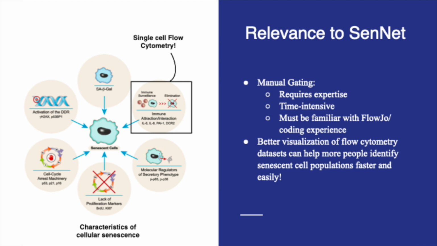Someone who is not trained or does not know a lot of coding may not be able to easily understand their FCS data sets, which is why we need better visualization algorithms in the right environments so that more people can identify senescent cell populations faster and easily.